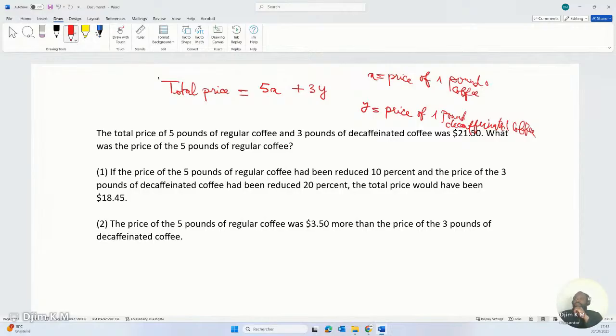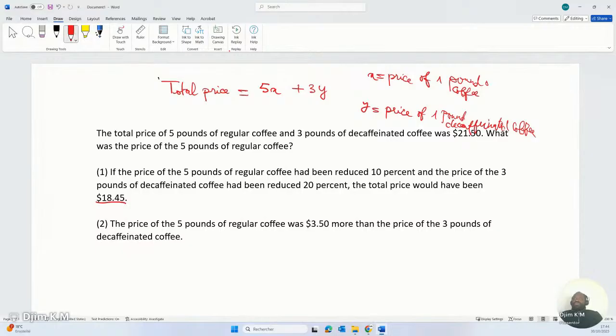Okay, so it says if the price of the £5 of regular coffee had been reduced 10%, and the price of the £3 of decaffeinated had been reduced 20%, the total price would have been 18.45.